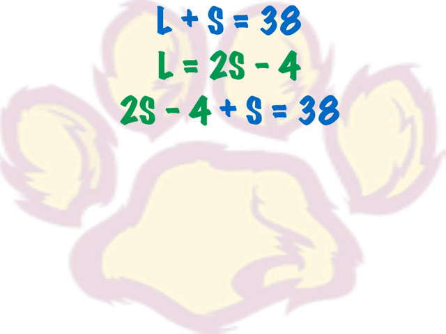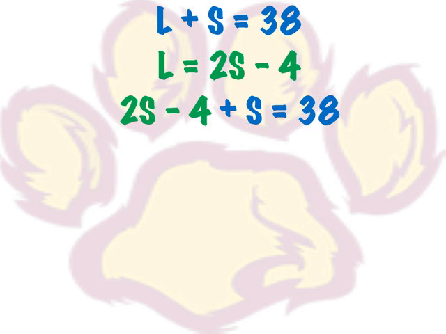Since our second equation is L equals, we're going to substitute for L. So L comes out of that first equation. That's why on this third line we're missing the blue L. And in its place, 2S minus 4 is going in. So now our new equation that we're going to solve is 2S minus 4 plus S equals 38.